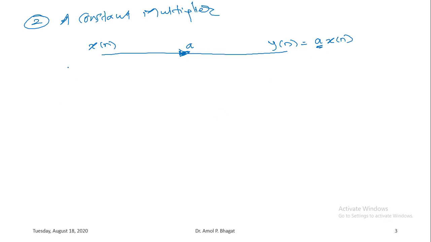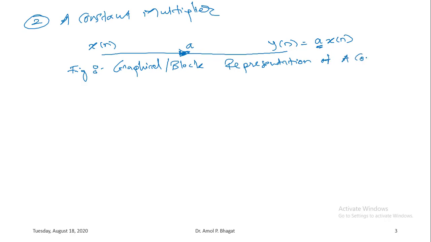Again, this figure can be called the graphical or block representation of a constant multiplier.